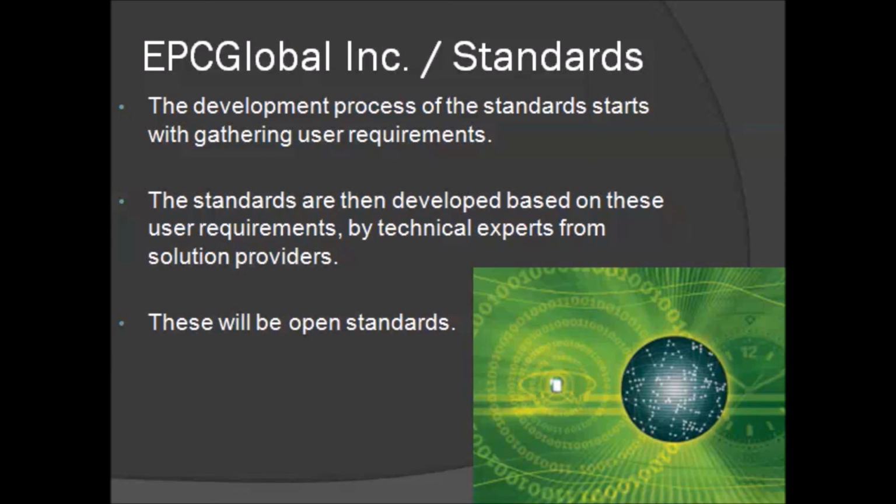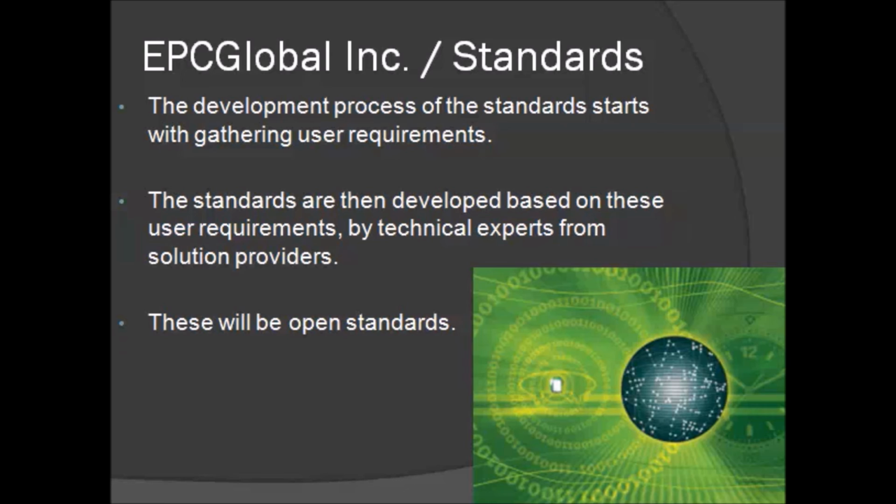So the EPC Global tries to propose the standard for the Internet of Things. The development of the EPC, the provision of the RFID standards, and the EPC Global Network specification are managed by the EPC Global.